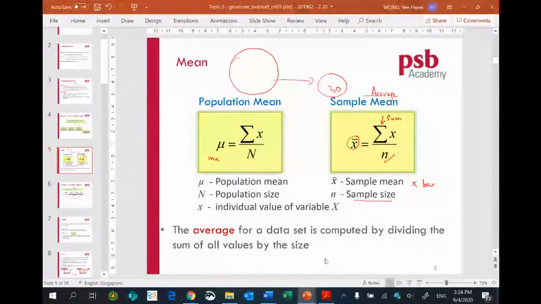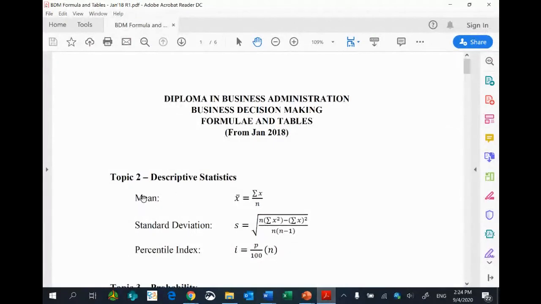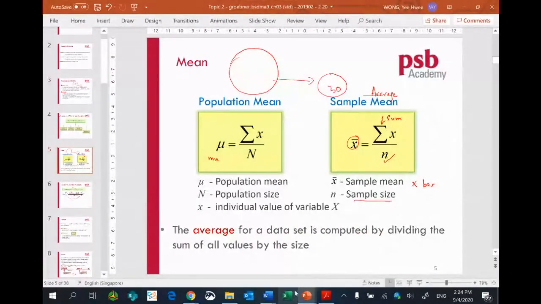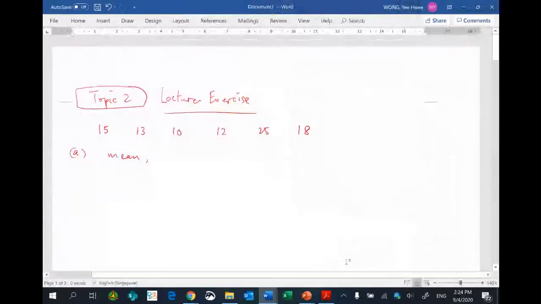If you have the formula sheet with you, you can refer to it, and the first formula in the formula sheet is the mean. We also have the standard deviation formula and the percentile index I. For this topic, there are three that will be useful. So we go back to this one.